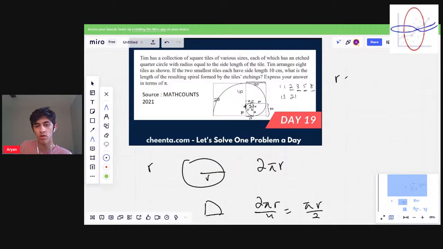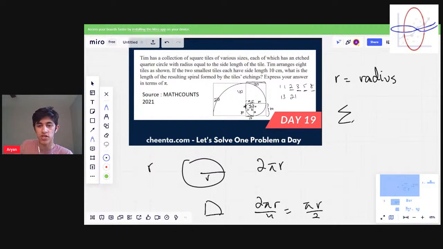If we let r represent all of the possible radii of our different arcs, we just have to find the sum, this is summation notation, of pi r over 2, where r ranges over all of our arcs. Basically r is equal to 1, 1, then 2, 3, 5, 8, 13, and 21.